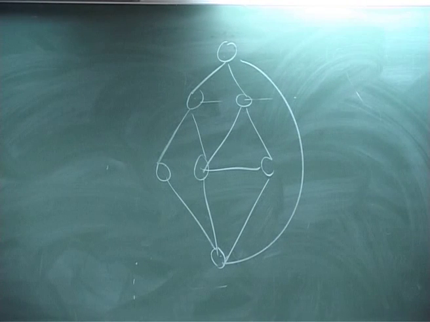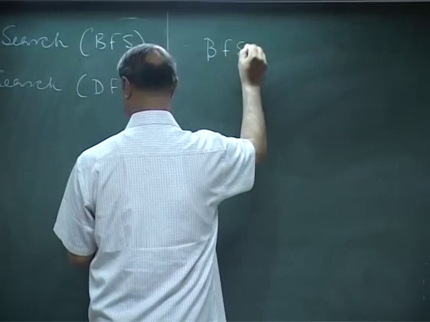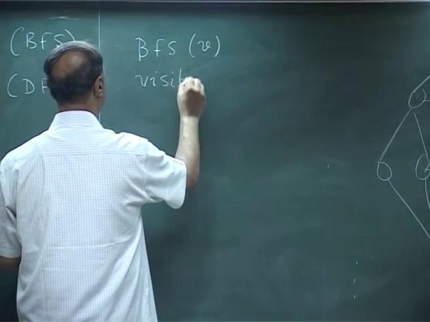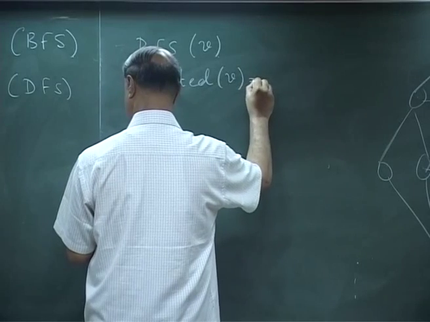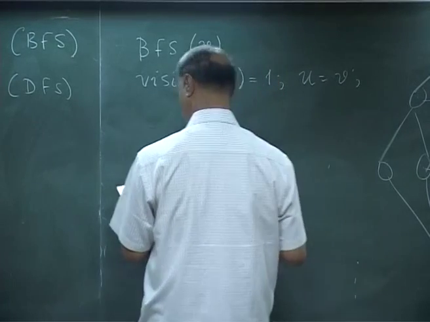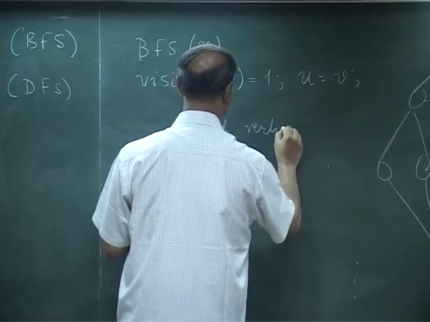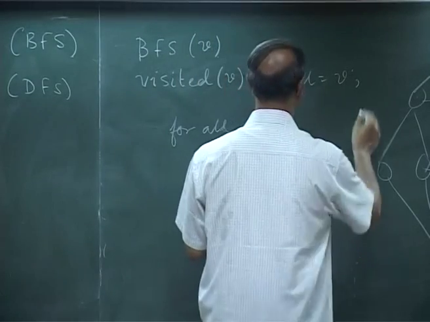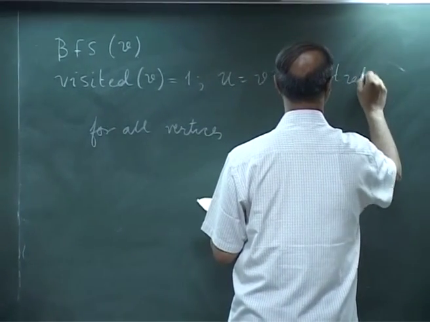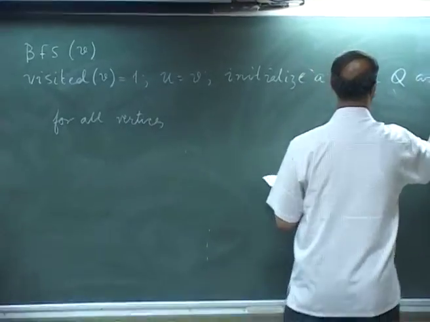But if I have to write the algorithm for breadth first search, we can write BFS, and B is the starting node, then visited B is 1, and I write U equals to V. Now for all vertices, and also initialize Q to empty.